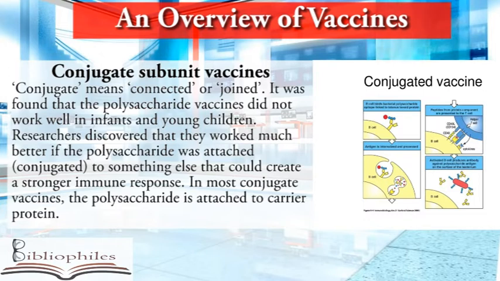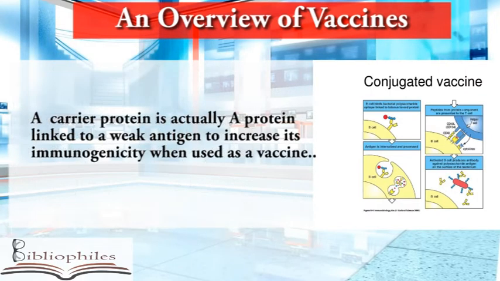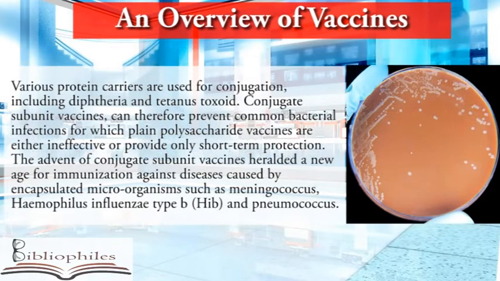So in most conjugate vaccines, the polysaccharide is attached to a carrier protein. A carrier protein is actually a protein linked to a weak antigen to increase its immunogenicity when used as a vaccine. See, various protein carriers are used for conjugation, including diphtheria and tetanus toxoid. See, toxoid is nothing but the inactivated toxins obtained from a pathogen.